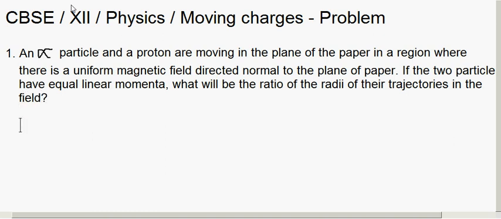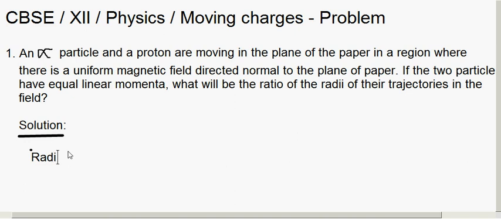Now let us read this once again and we'll understand it in a better way. An alpha particle and a proton are moving in the plane of the paper in a region where there is a uniform magnetic field directed normal to the plane of paper. If the two particles have equal linear momenta, what will be the ratio of the radii of their trajectories in the field? Now first let us write the formula for the radius of the trajectory. We have learnt it when we learned the theory part.